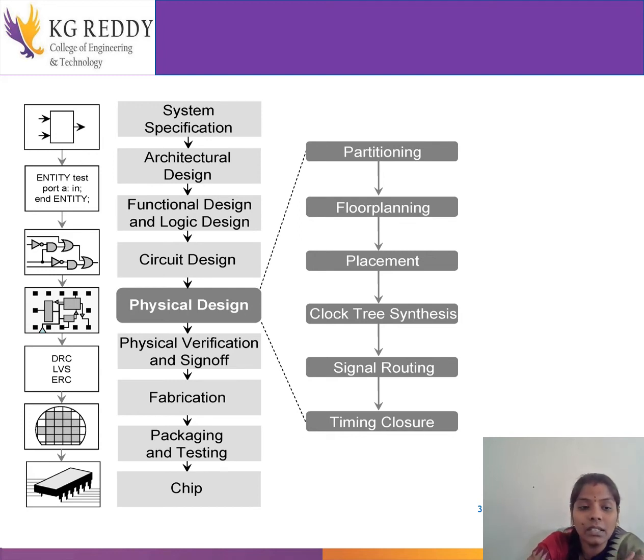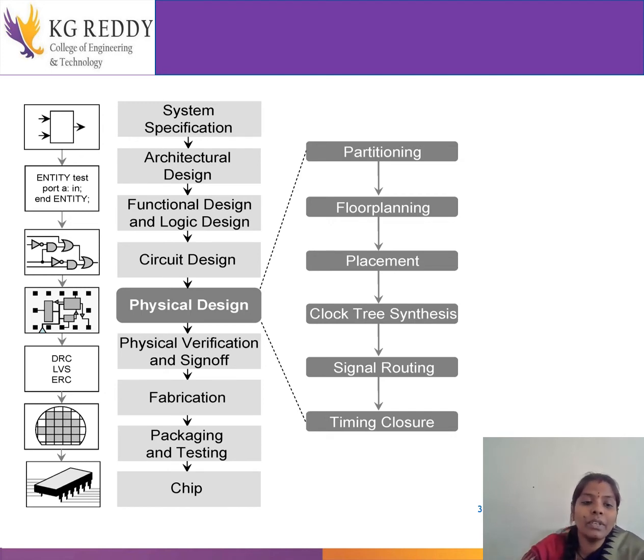Till here we are designing a layout, so this layout we will compare with the design. Compare means we will try to observe whether it is working as we designed the architecture. Okay, and then we verify whether the given layout satisfies the design rules provided by the fabrication unit. That comes into the sign off.